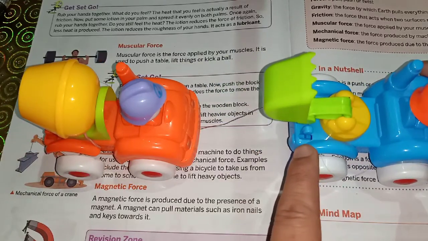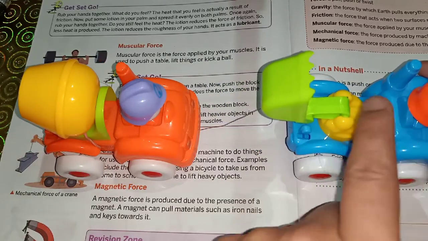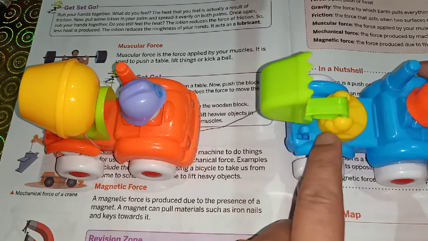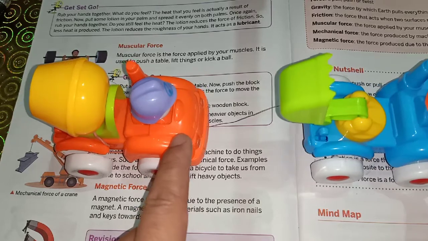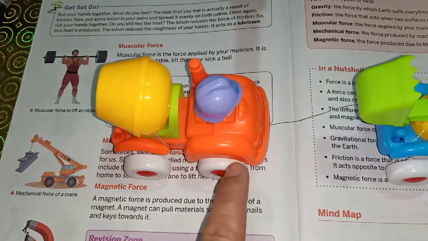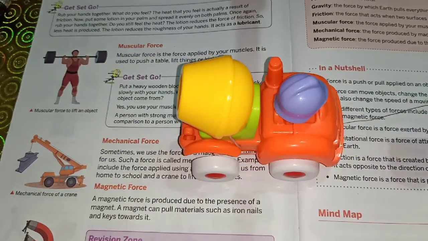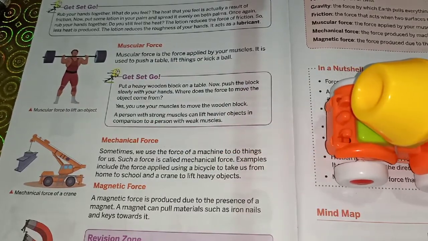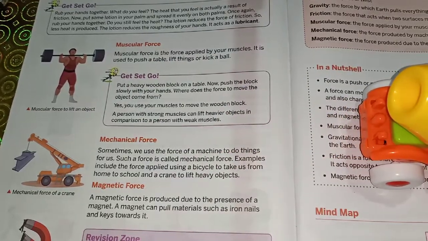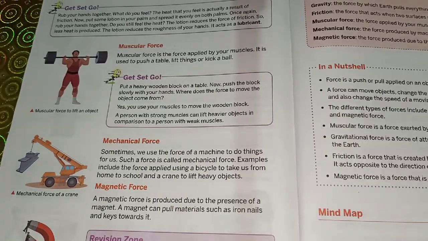So over here, what type of force are we using? This excavator is applying mechanical force on this vehicle and hence making it move in the forward direction. So this is how we use mechanical force to do our heavy work.